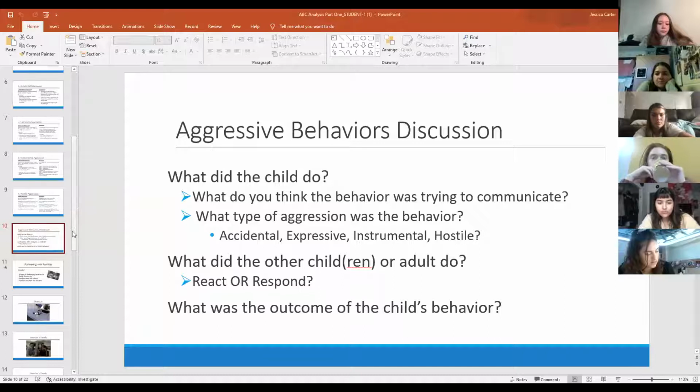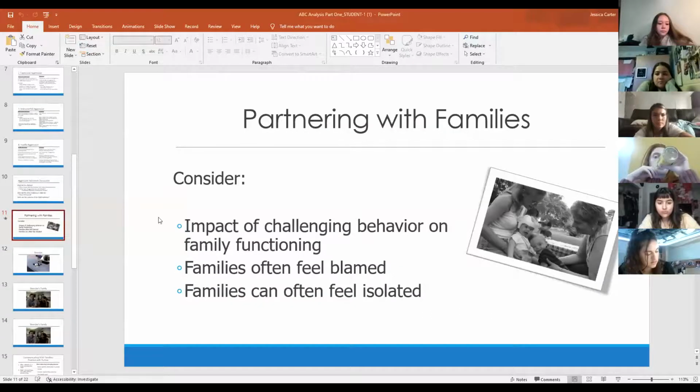So we're going to probably spend, well, let's talk about that idea of communicating this stuff to families, right? The main thing to think about is when children are engaging in challenging behaviors, it doesn't happen in a vacuum, right? It impacts the entire classroom. If they're in a classroom setting, it impacts their whole family, right? Children do not exist in a vacuum.